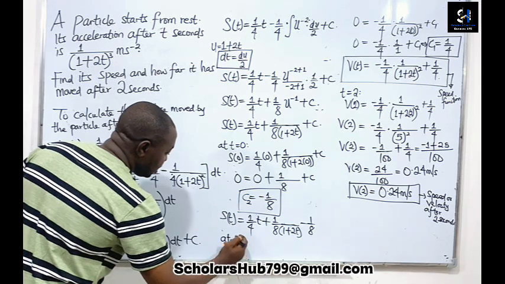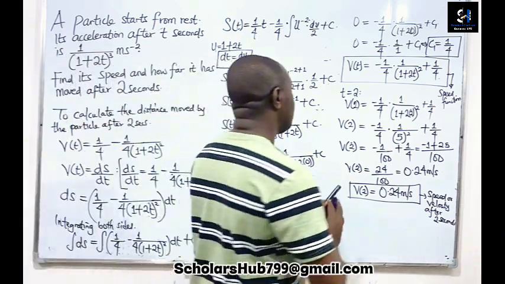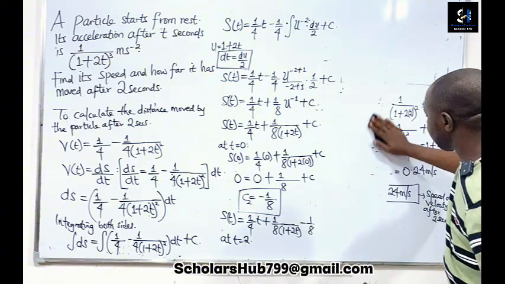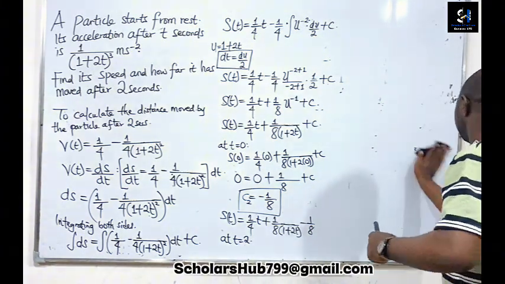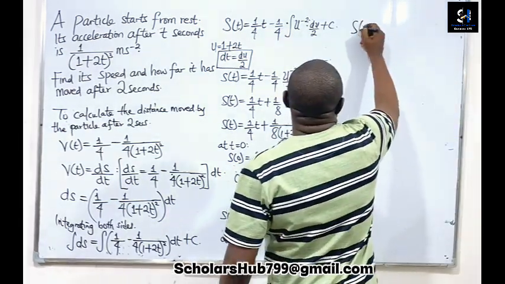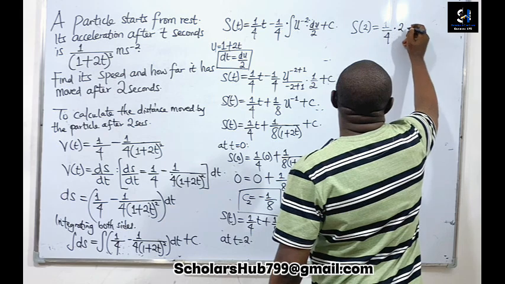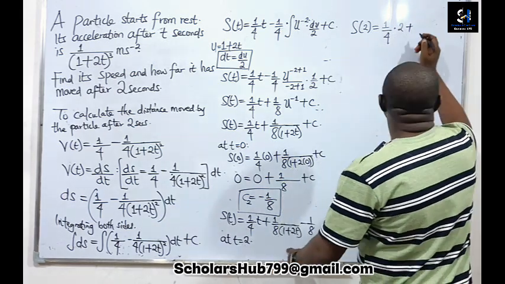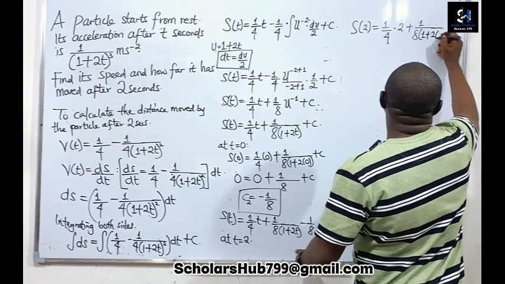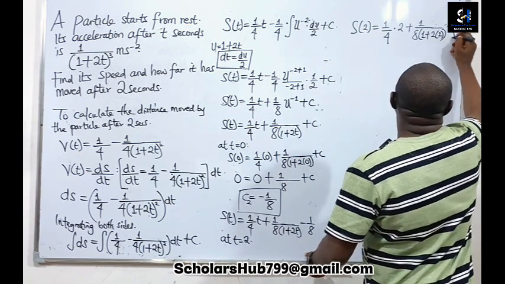So now at t equals 2, when the time is 2 seconds, what is the distance? So we have s of 2 equal to 1/4 multiplied by 2, plus 1/8 (1 + 2 multiplied by 2), then minus 1/8.